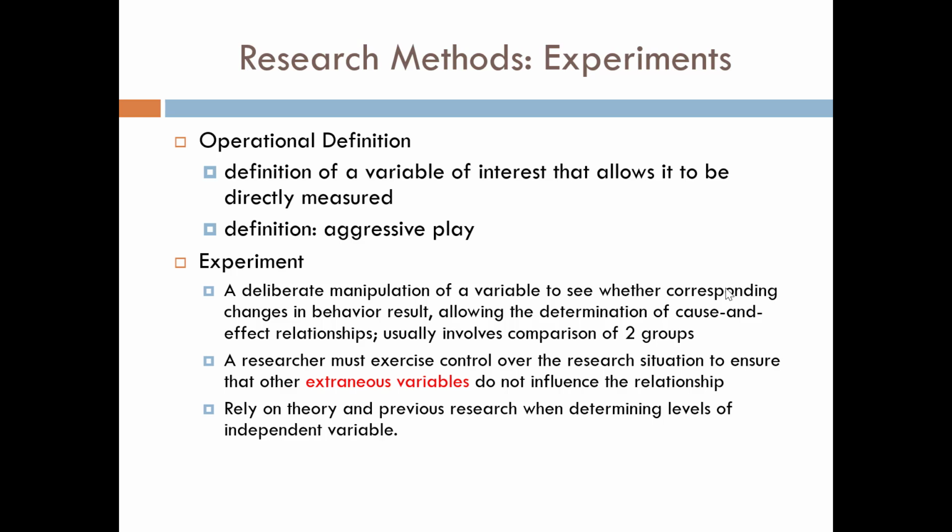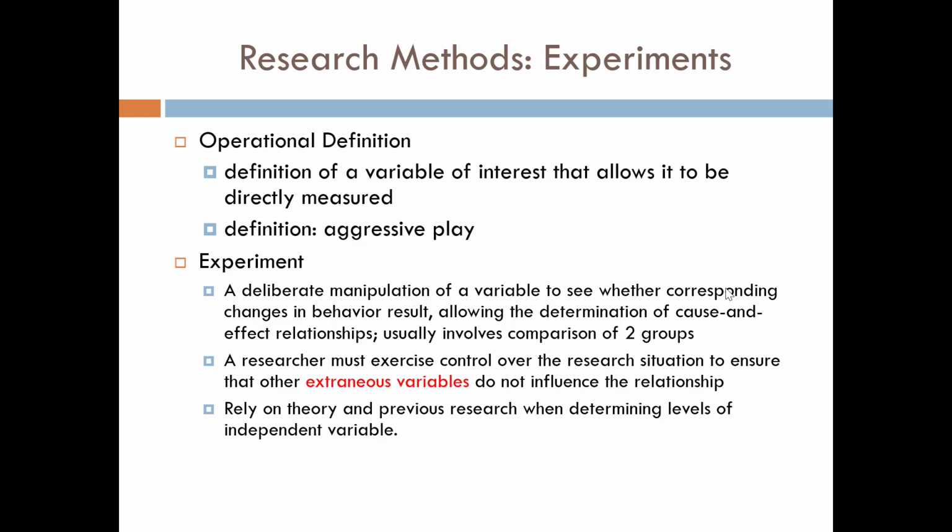For example, if we are investigating if violent television increases the risk of aggressive play, we need to control for all other variables. Each participant in each condition needs to have the same amount and type of TV exposure and should be controlled for other factors like diet, extracurricular activities, etc. It's important to rely on theory and previous research when determining levels of the IV.